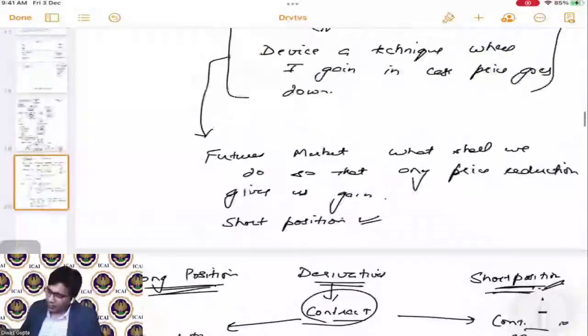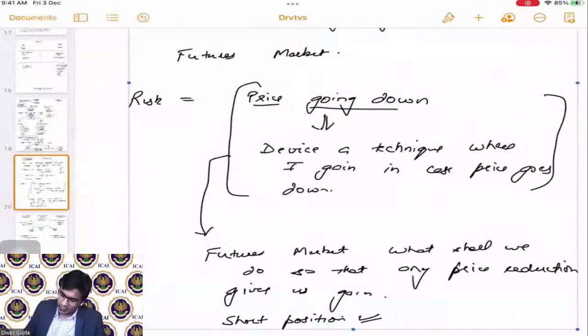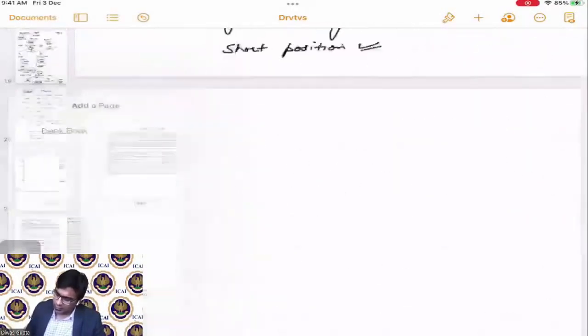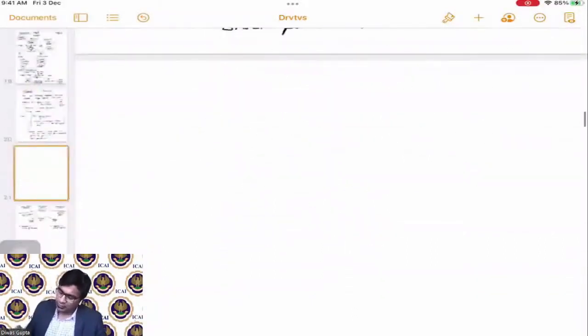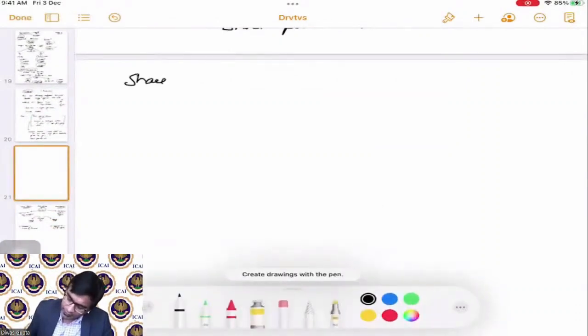Now coming back to speculation and hedging, sorry. So hedging, we are continuing that example only. The share is purchased. He has already purchased the share at the rate of 300 per share, for example.